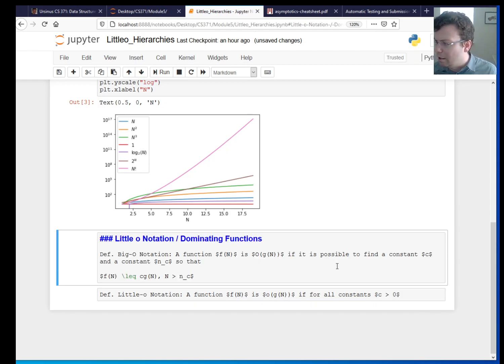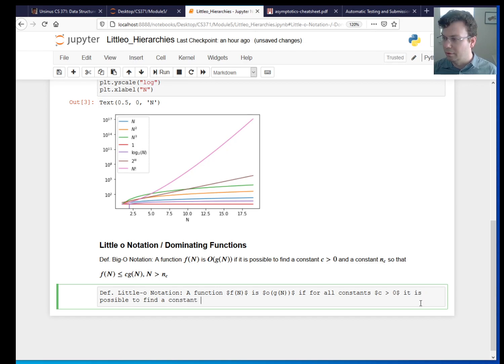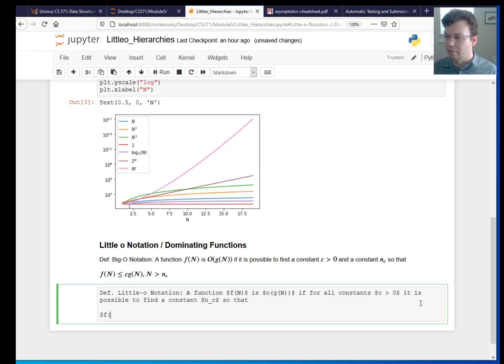And actually, I didn't specify this, but it's implied that the constant we're choosing needs to be positive. Okay, so f of n is little o of g of n if for all constants c greater than 0, it is possible to find a constant n sub c so that f of n is less than or equal to c times g of n whenever n is greater than n sub c.